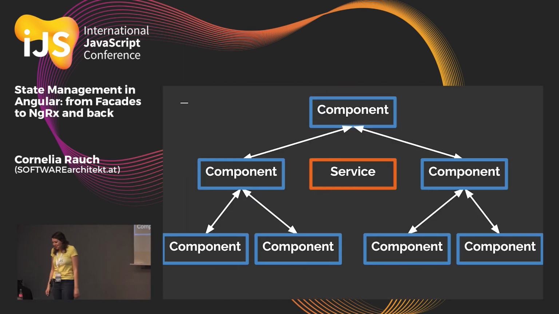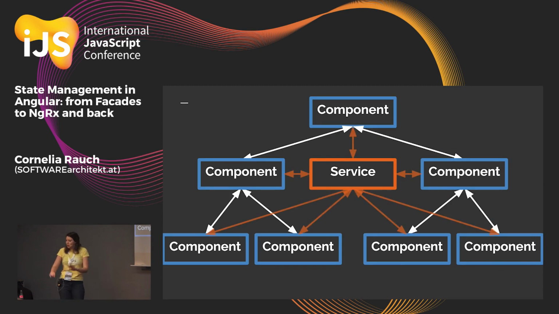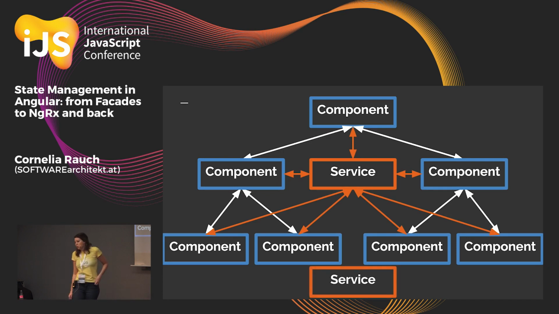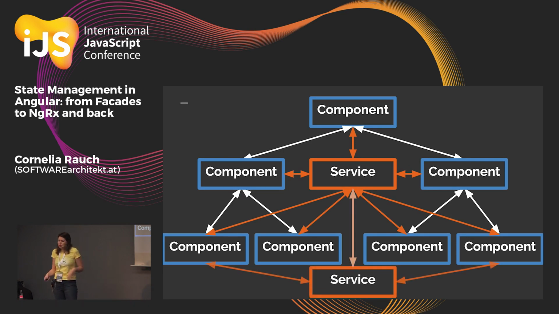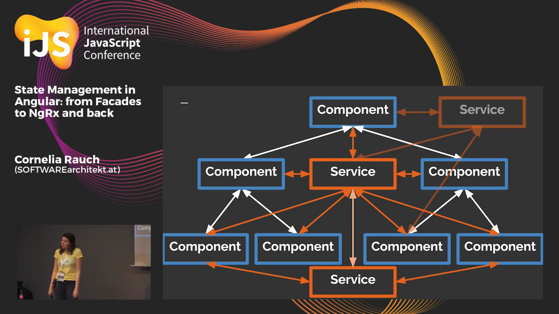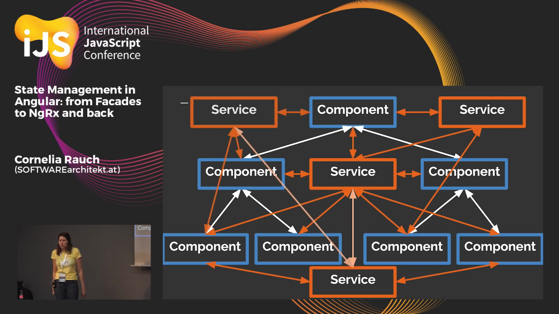However, consider the following construct. You have a component tree, and you have one service, and the service is communicating and managing state of many components, which is fine, looks okay. Then you have another service, which is doing something else, and it's communicating to this service and also to some other component. And then you have another service, which is also doing stuff and managing state, and another service, and another service, and it's going to get complicated.